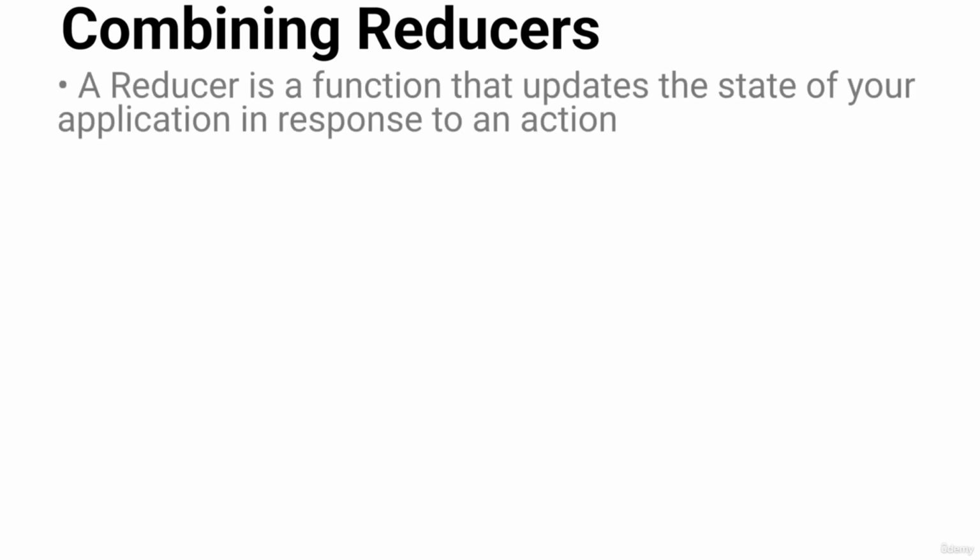Hi, and welcome back to our series on React Native and Redux Toolkit. Today, we're going to be talking about one of the most important concepts in Redux Toolkit called combining reducers. In Redux, a reducer is a function that updates the state of your application in response to an action. And we just created one in the last video.